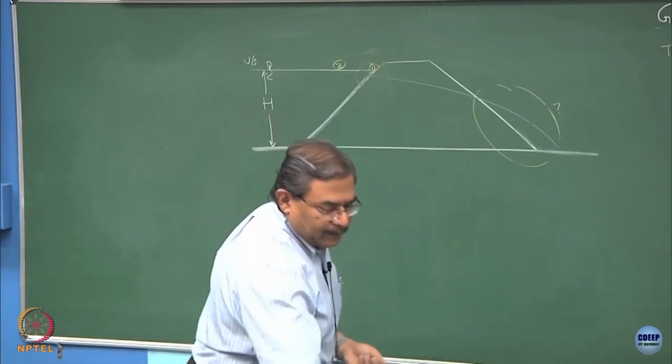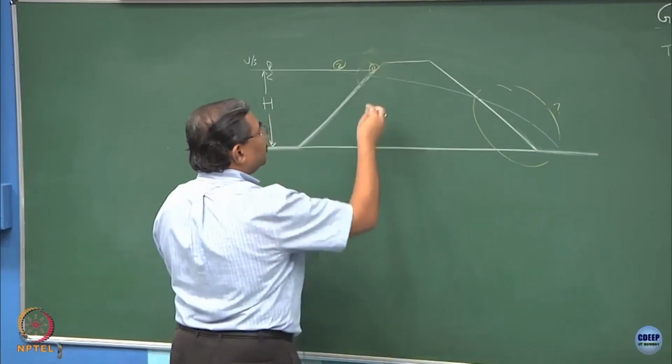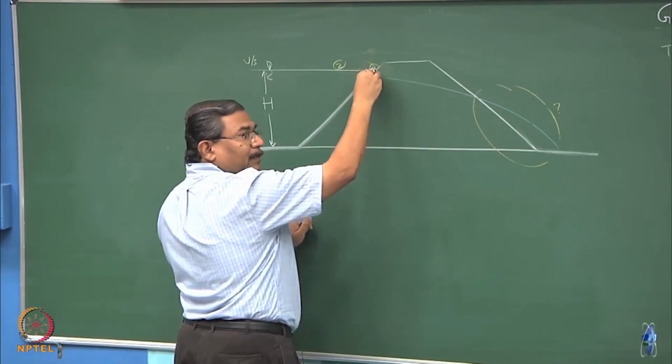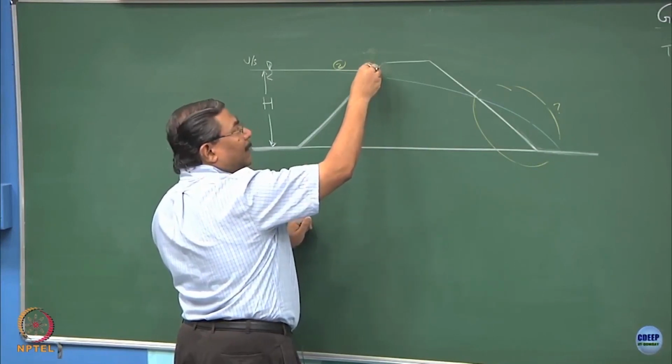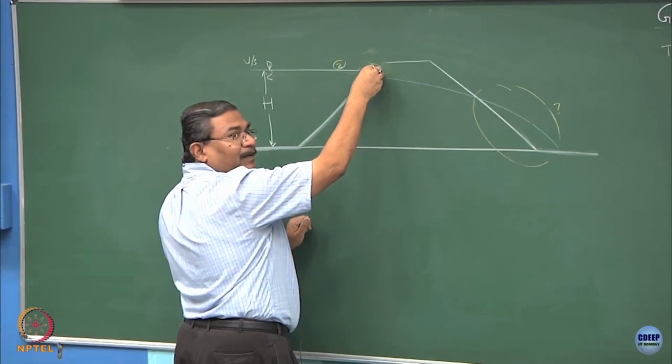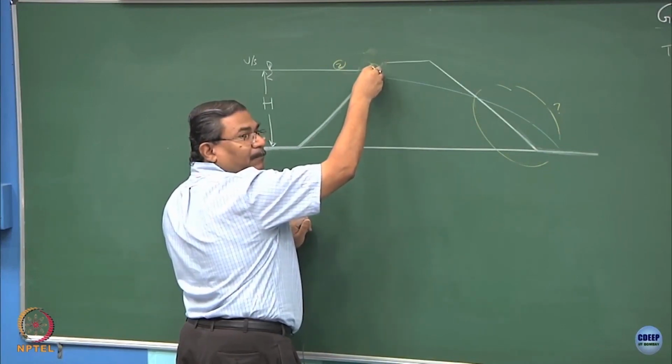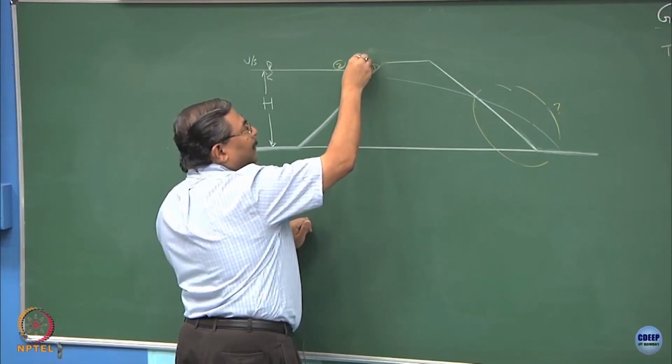As you rightly said, the flow line is going to be perpendicular to the equipotential and not starting from this point where the water is matching with the body of the dam, it will be at a certain distance x.